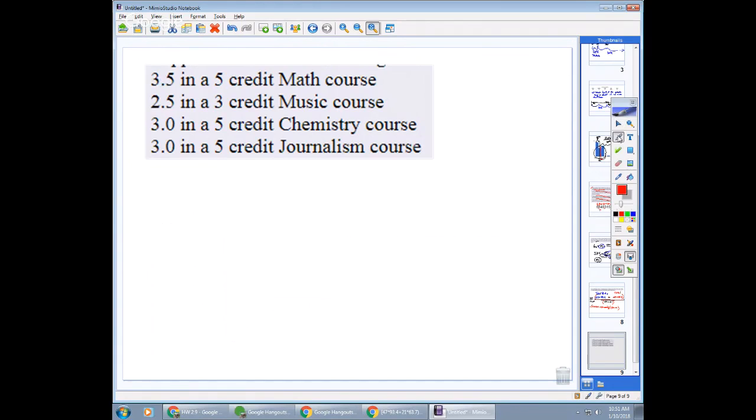So to do a weighted average here, each of these 5 credits is worth 3.5. Okay? So the 3.5 counts 5 times. And that 2.5, how many times does it get to count? 3 times. Okay. And that 3.0, it gets to count how many times? 5.